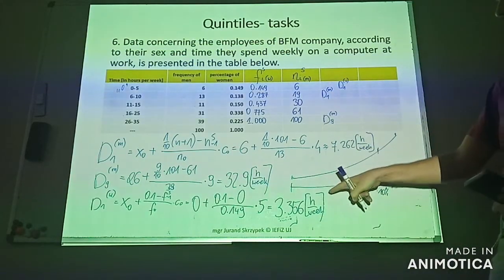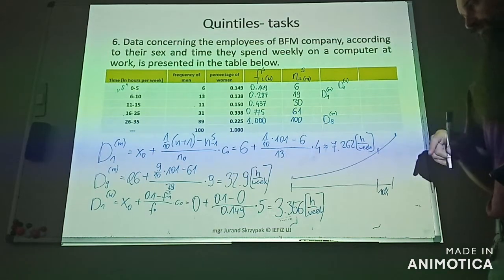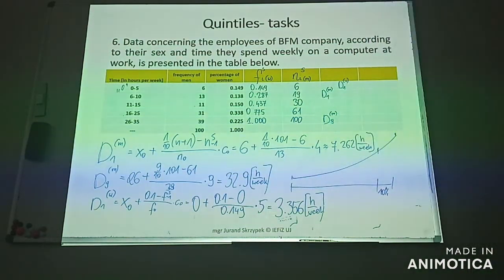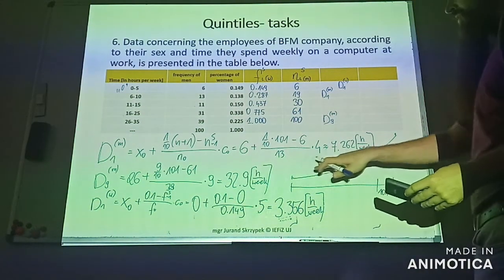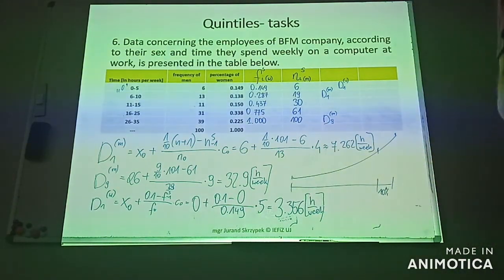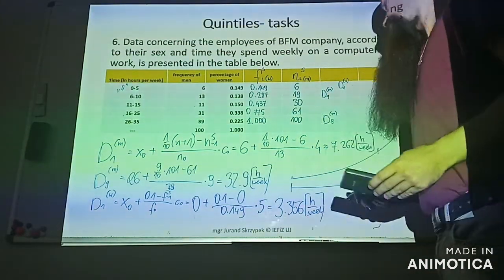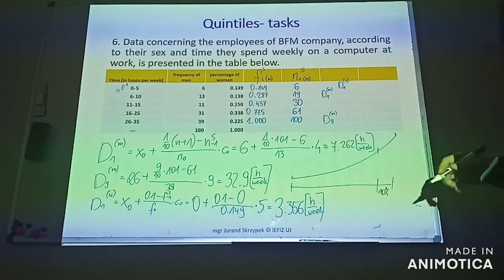This number is significantly lower than this number, yeah? So we confirm once again that in general men spend more time in front of the computer than women, and we can interpret this amount.